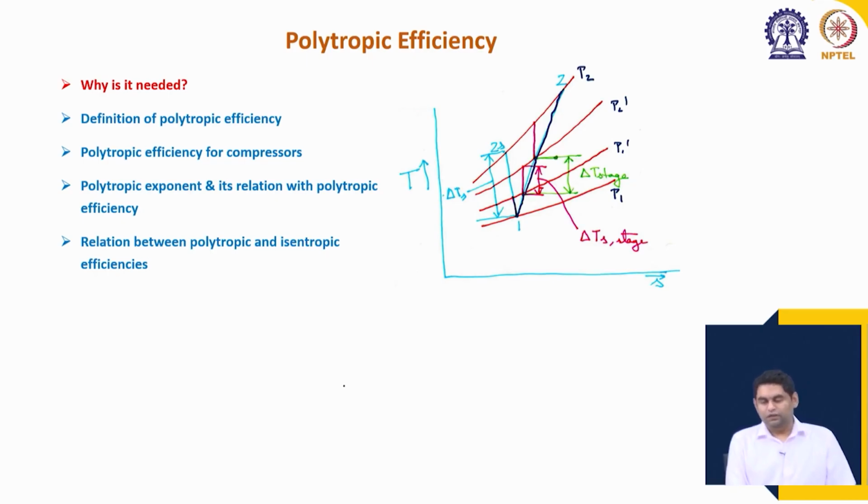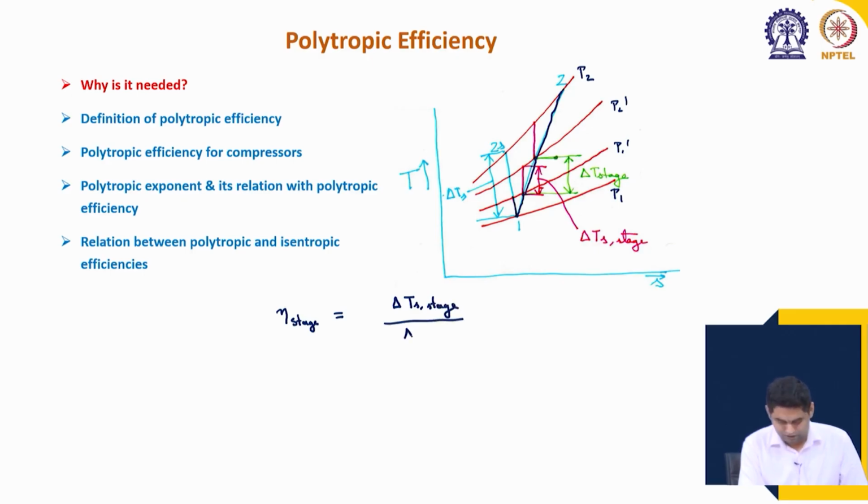In this case, if the isentropic efficiency of a stage is defined as eta stage, by definition eta stage is equal to the isentropic work input to a stage by the actual work input to this stage. The isentropic work input is this work input, for the isentropic process going from here to here.